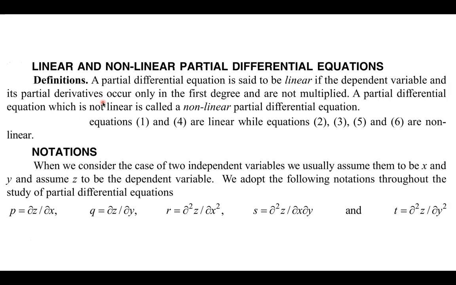So, according to this definition, if a partial differential equation is linear, then z, its partial derivatives dou z by dou x and dou z by dou y will occur only in the first degree, and these terms z, dou z by dou x, dou z by dou y will not be multiplied together in any term. And a partial differential equation which is not linear is called a non-linear partial differential equation.